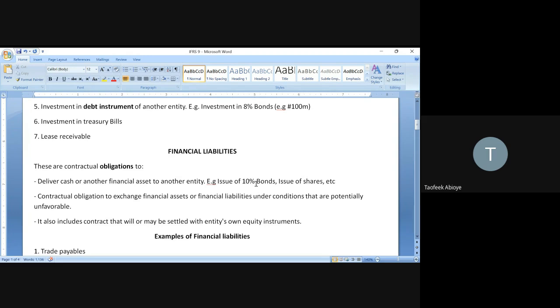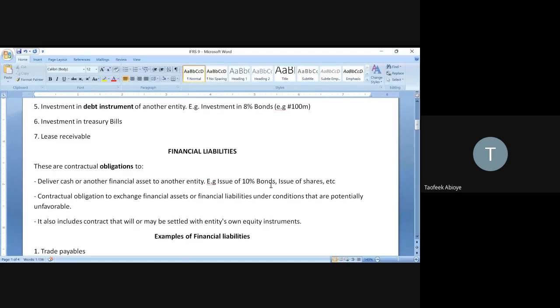Then at the end of the maturity period, I'll return your 50 million. So the difference between financial asset and financial liability is that a financial asset is an asset, while with financial liability I'm owing you, and that is how it works.